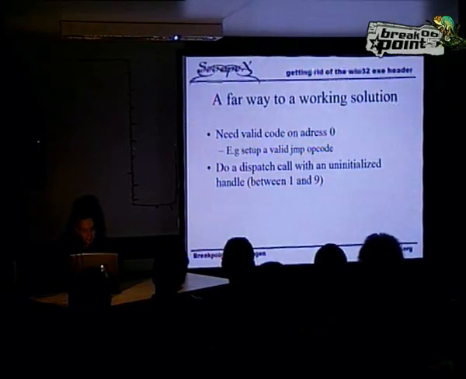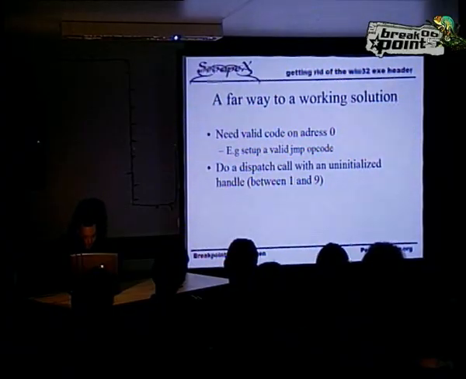So all we need to do is make sure that on address 0 there is a valid opcode. Basically what I tried first was moving the whole intro to address 0, but luckily this didn't work out because of the emulation, and there are weird things going on. I think it was a timer interrupt or something that messes it up.